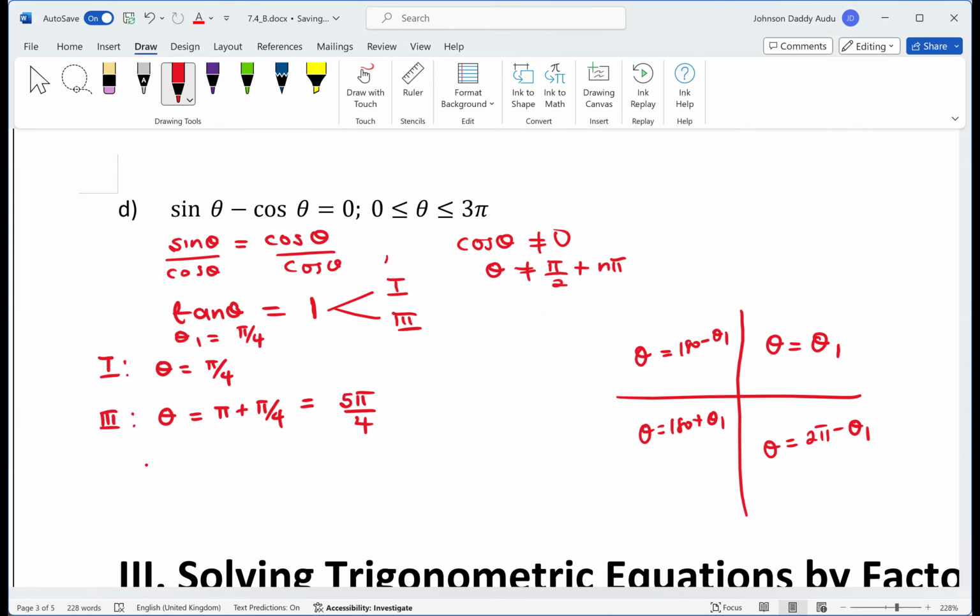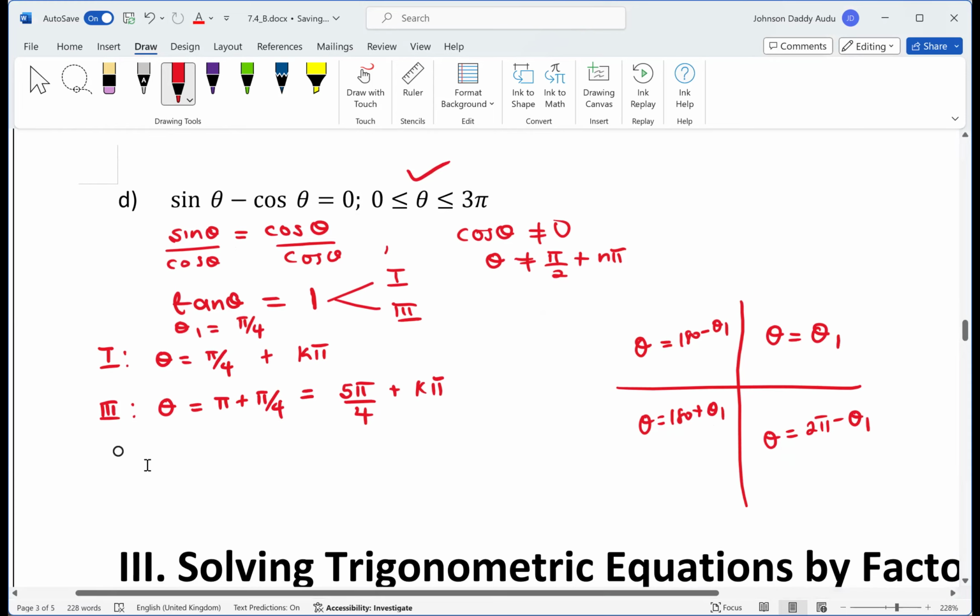Now we need to add k pi to all the solutions because we're dealing with tan. Since we have a restriction, we have to find which values we need, yes? So we will always start with k equal to 0. That is because theta cannot be negative, based on the range and the restriction we have.